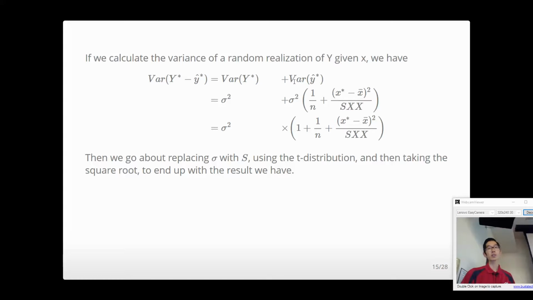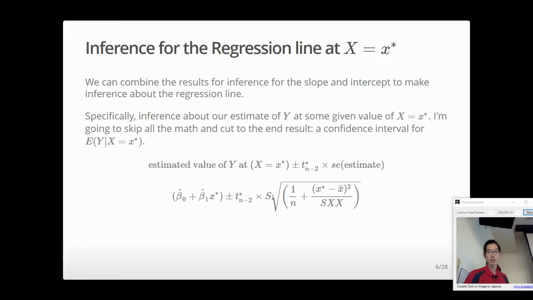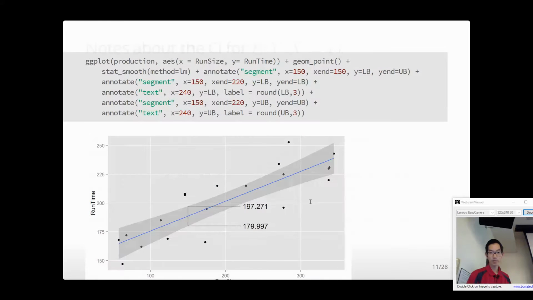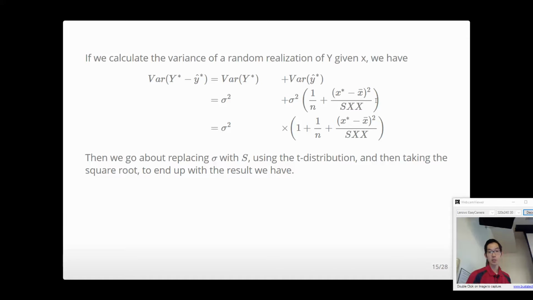I skipped the math here, but the variance of this is sigma squared over this. So if I scroll back, basically you just take this and square it. This is the standard error, but if I square it, I get this component over here, and then the variance of y star itself is sigma squared, right?